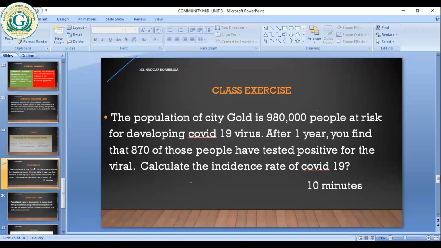And the total population at risk here is 980. Then we have the population of. Agatha. Sister. I said, please, the denominator is the total population at risk. Risk, yes. All right, so what is your final answer?